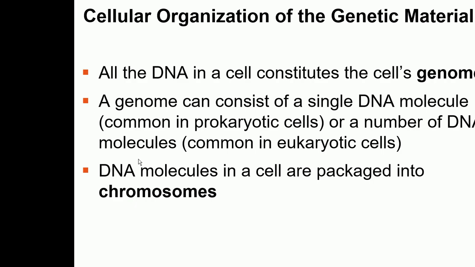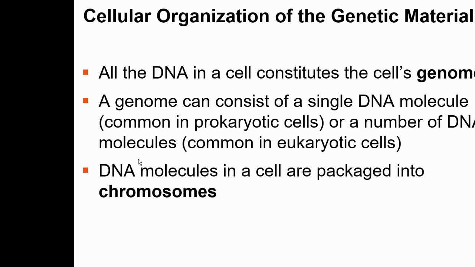And now I would like to talk about our genome and how it is present in our nucleus. Genome basically means all the DNA in a cell constitutes the cell's genome. And this DNA is wrapped over proteins.